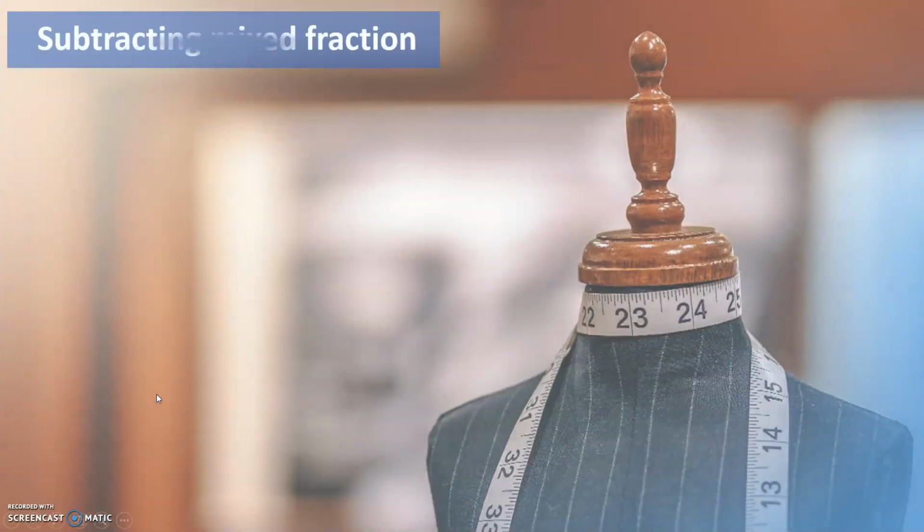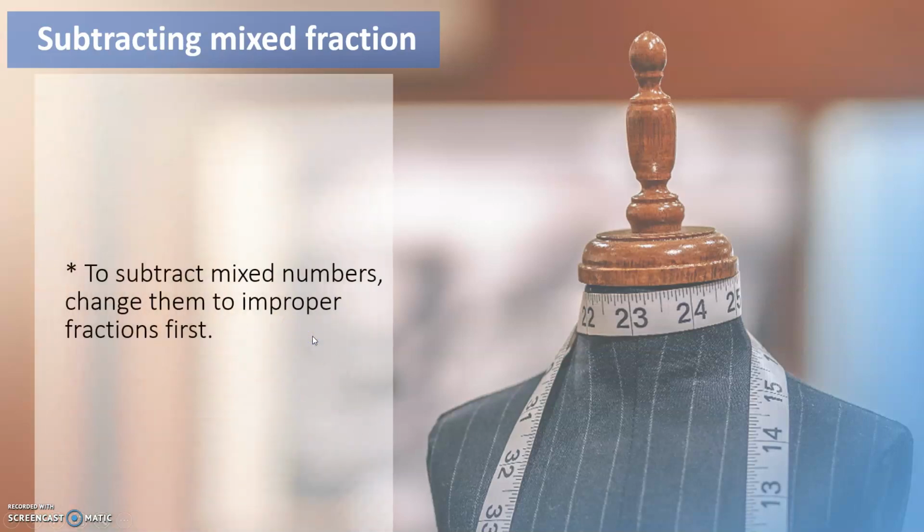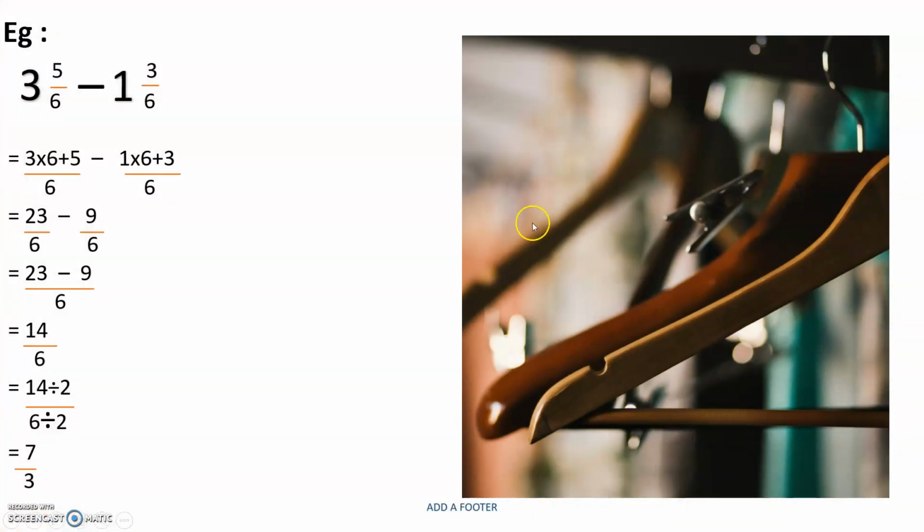Next, subtracting mixed fractions. To subtract mixed numbers, change them to improper fractions first. Now children, we already learned this yesterday, how to add mixed numbers. The same thing, we are going to convert into improper fractions first. So let's see, 3 5 upon 6 minus 1 3 upon 6.